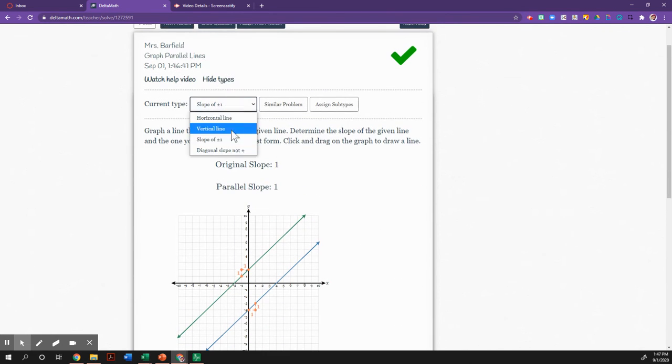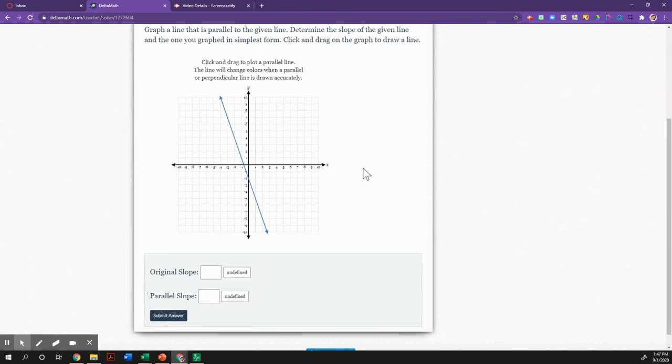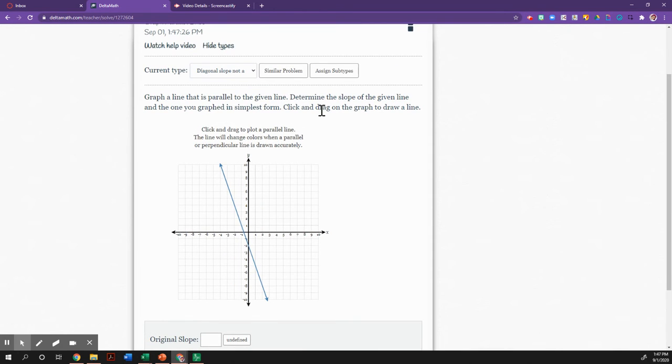All right. Let's look at this last one. It says graph a line that is parallel. That's the theme of this video, is parallel. So if I pick a point right here, literally, I can just keep going with it. Oh, there we go. So now my original slope: 1, 2, 3, 4, 5, 6.